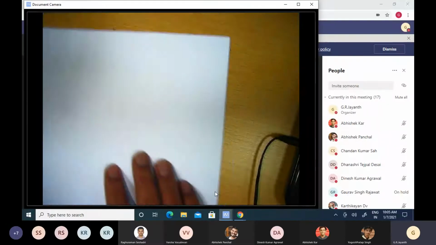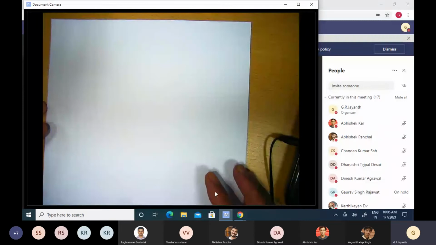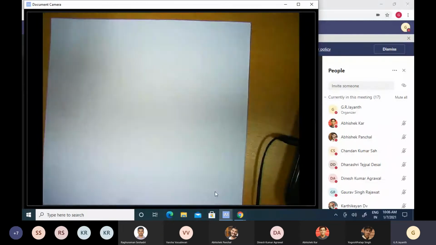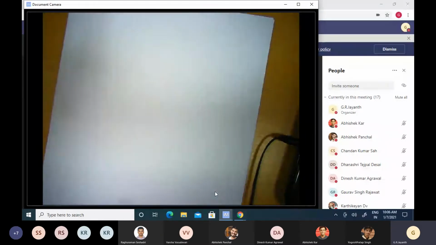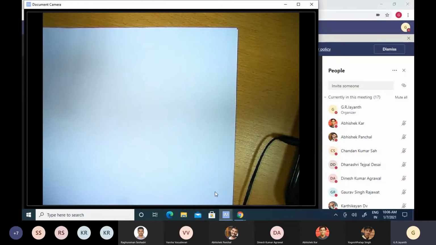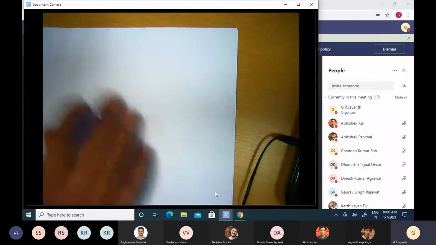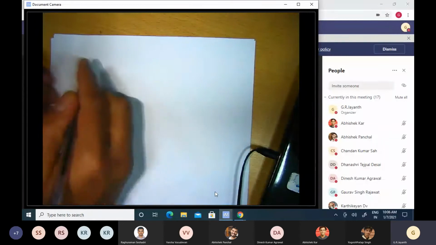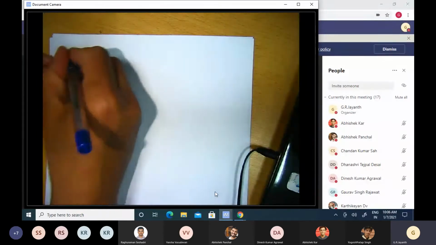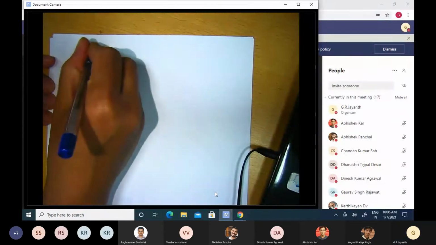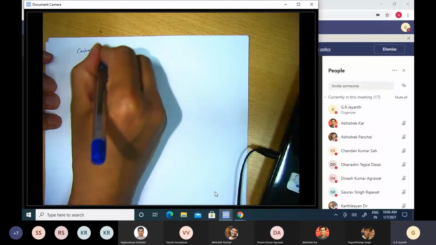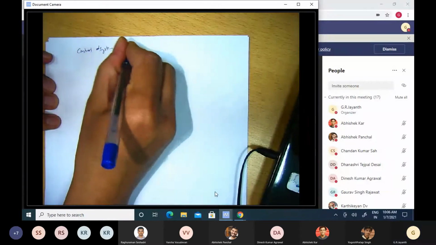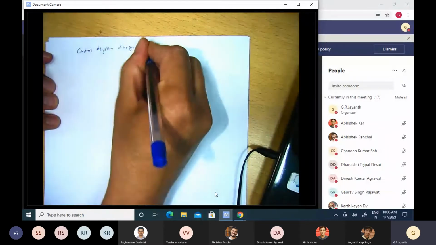Okay, I assume that you guys are able to see my sheet of paper. So the topic for today's lecture is control system design in the frequency domain.